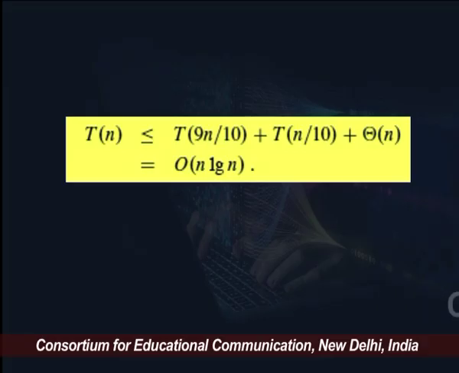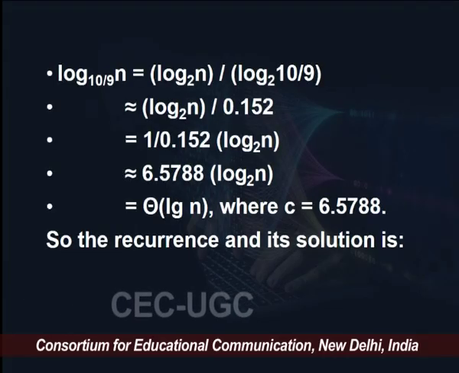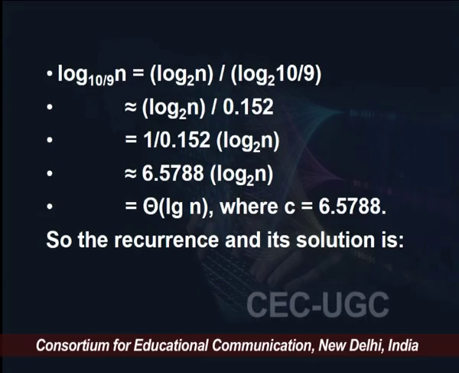So, we have cn at each level, and here we have theta log n levels. So, the total recurrence and its solution is order n log n.